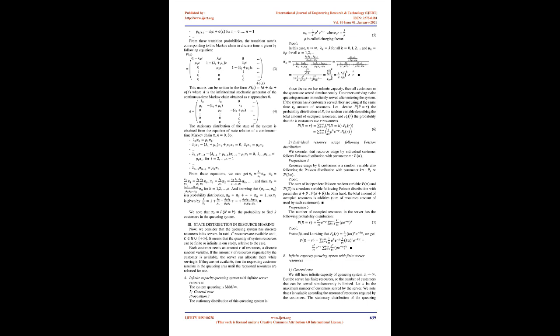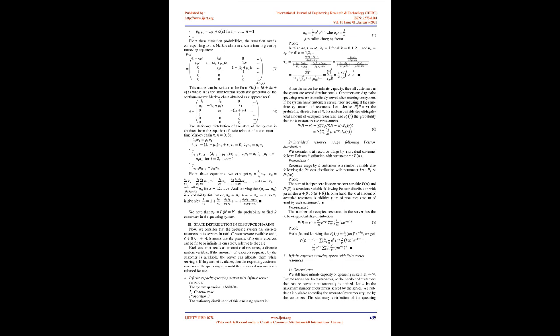3. State distribution in resource sharing. Now, we consider that the queuing system has discrete resources in its servers. In total, resources are available on it, n ≤ ∞. It means that the quantity of system resources can be finite or infinite in our study, relative to the case.